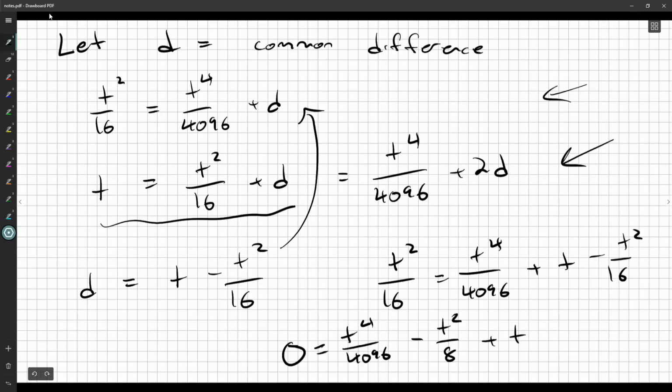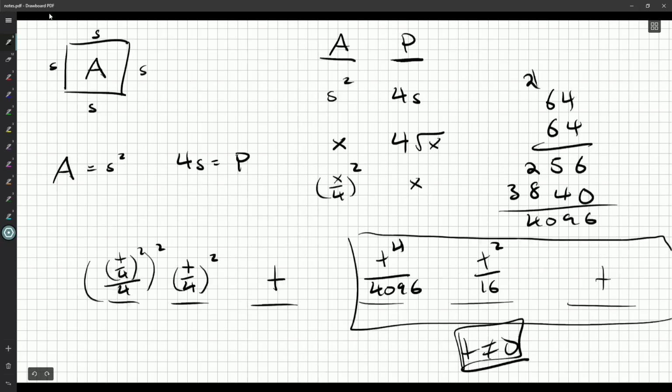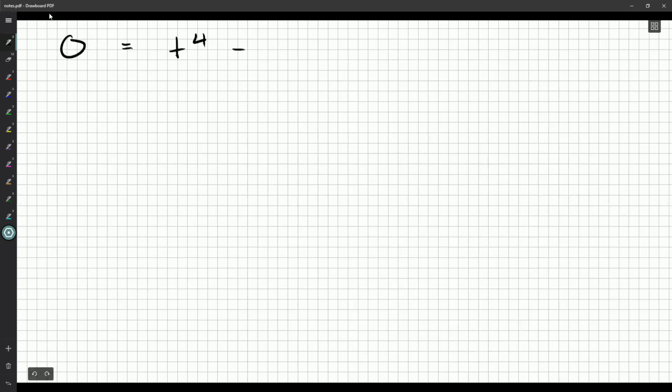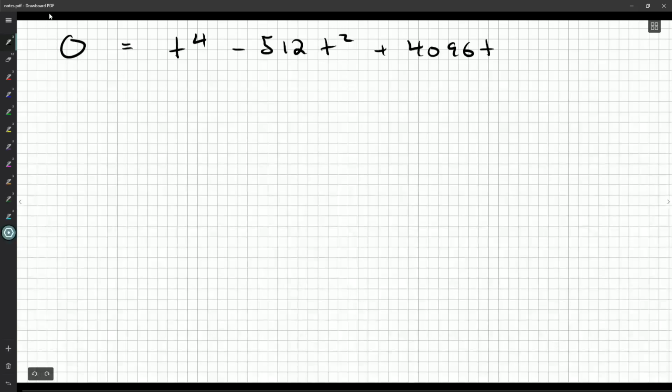So 4096 divided by 8, well, 4096 is 8 squared times 8 squared, so we're just looking for 8 cubed, which is 512. Let me get this t here. Okay. So I can definitely take out a factor of t, and then I'm left with this t cubed.